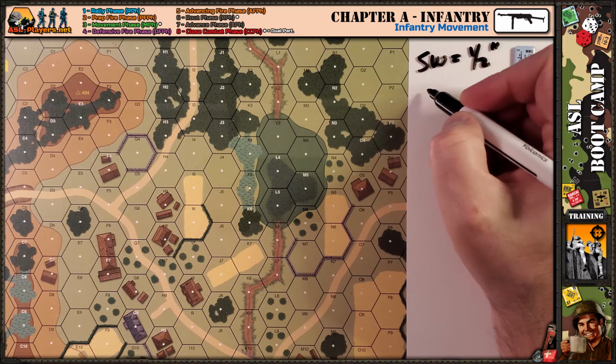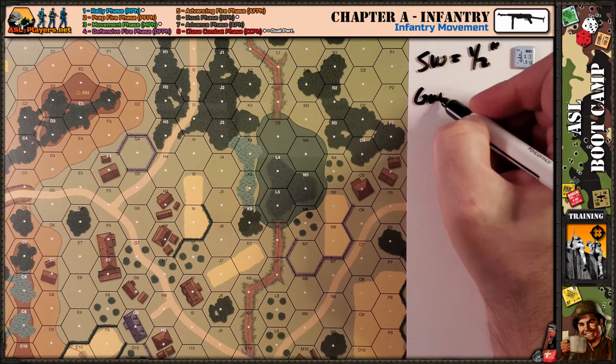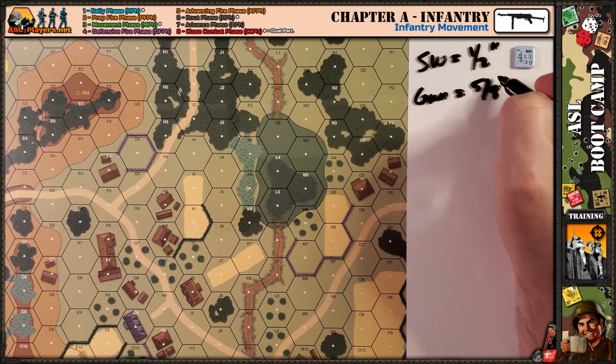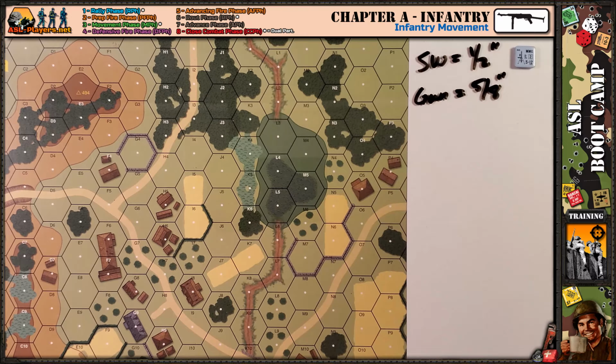A gun is anything on a 5/8 inch counter, and guns cannot be portaged. They cannot be carried. They do not have portage point values on them. I should have pulled one out, but there's no portage point value, and they're on a larger counter.